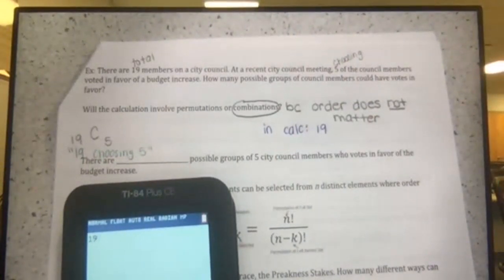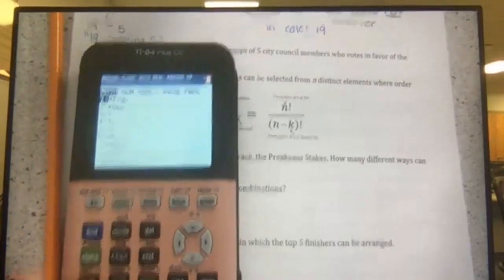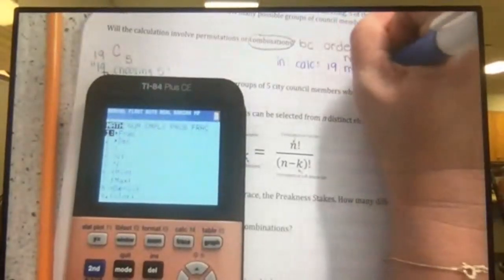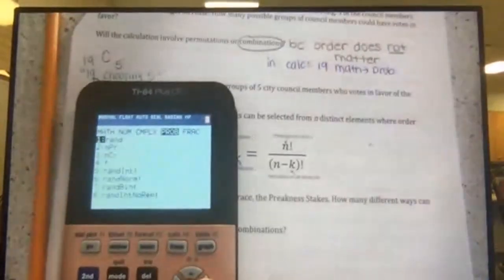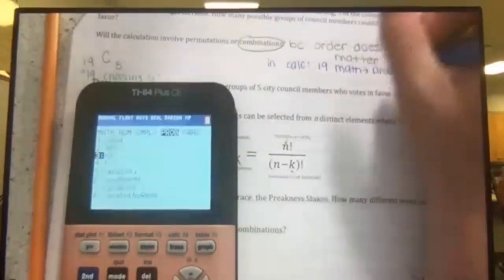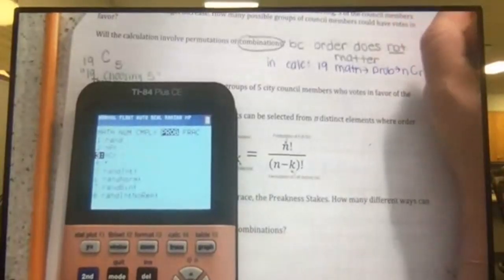Going back to our math button, right here, math. So 19, then hit our math button. Again, we're going to scroll over to probability. And then notice number 3 is combination. So nCr, and then press enter.